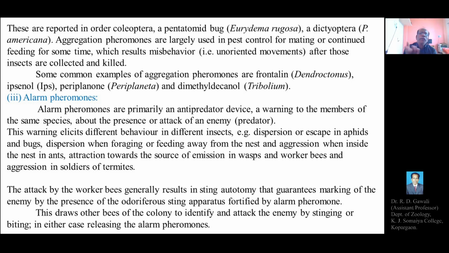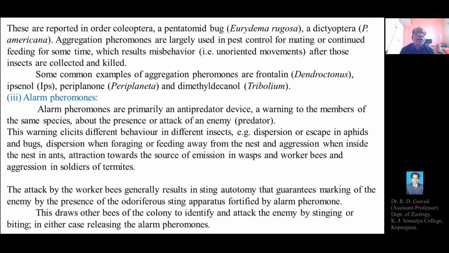So periplanone is secreted by Periplaneta, that is cockroach, belonging to order Dictyoptera. And the first two are examples of bugs. So frontalin, ipsinol, periplanone, or dimethyl decanol, these are the aggregation pheromones secreted by different groups of insects, which can be used for the purpose of pest control.